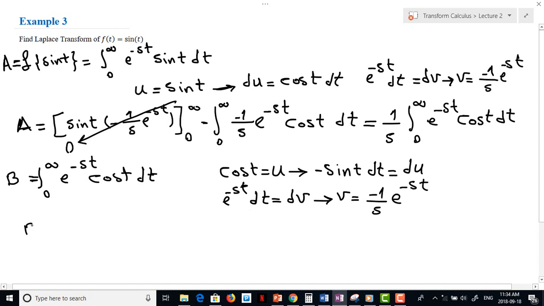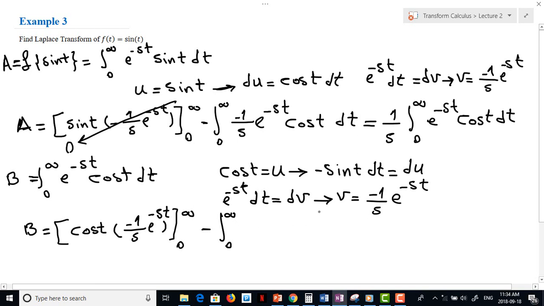So B, this integral, is equal to u times v. What's u? We have it is cosine t, times v. V is minus 1 over s e to the power of minus st, from 0 to infinity, minus the integral from 0 to infinity v du.